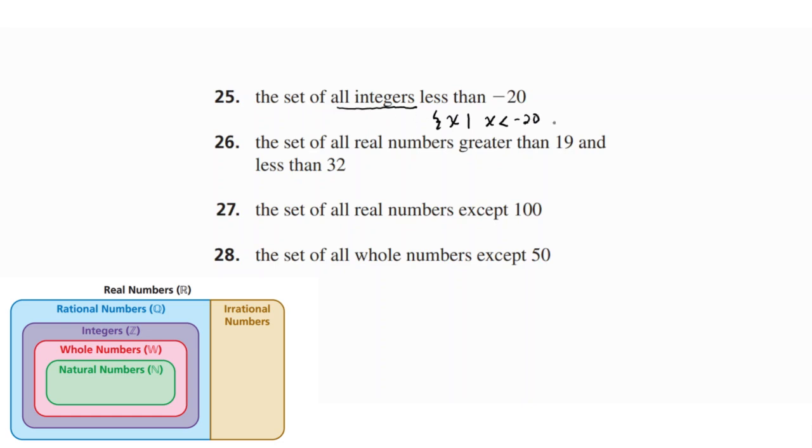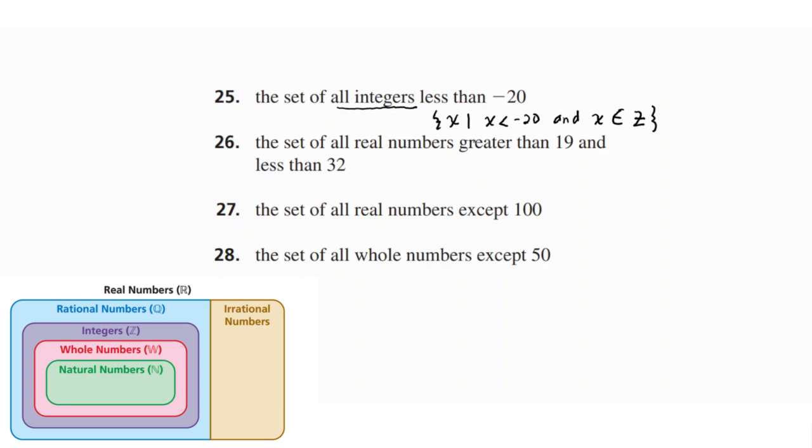But now I have to make the stipulation that x, and we use this curly symbol that looks like the letter E with a little curve in it, means x is a member of the integers, and the integers are represented by the letter Z. So that's specifying that we want all the values of x less than -20, but it has to be a member of the integers. It can't be all real numbers.